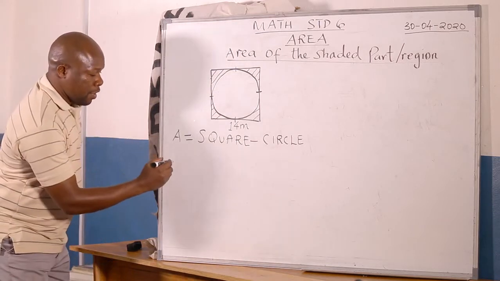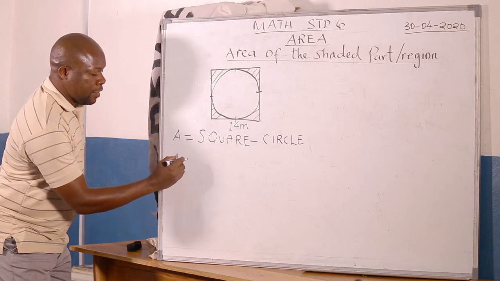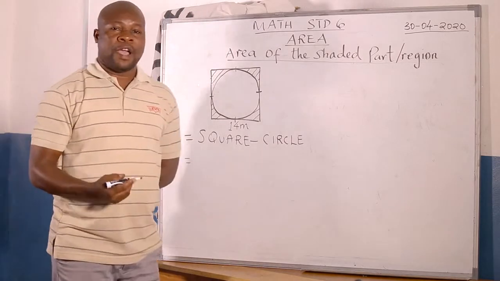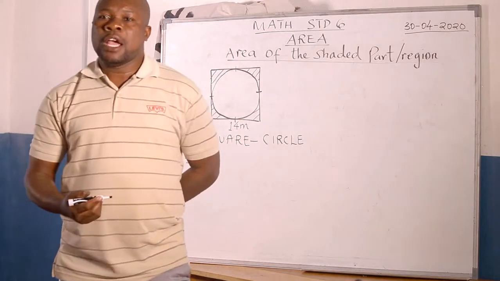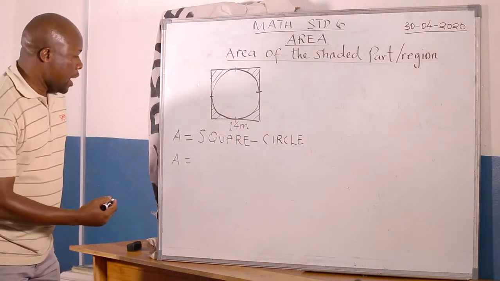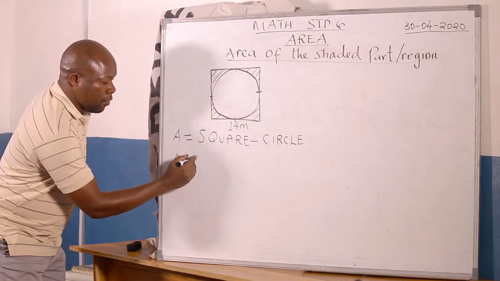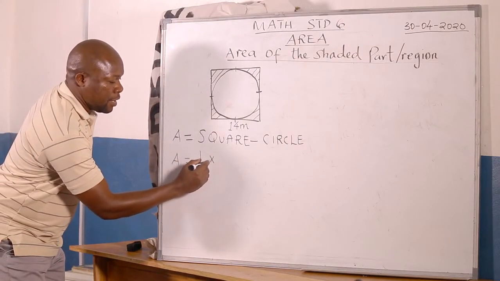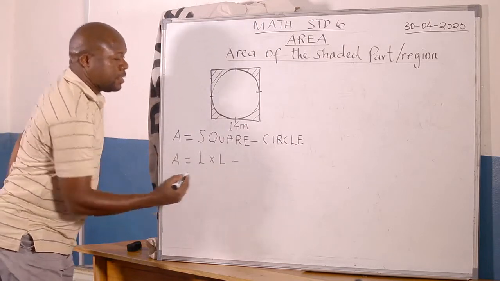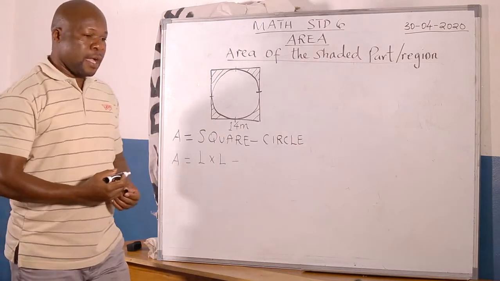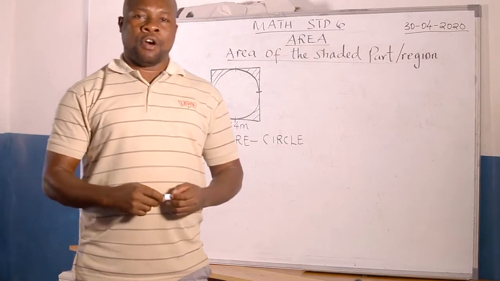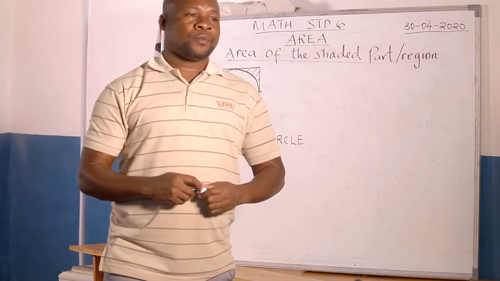Now, consider the formula of finding the area of a square. How do we find the area of a square, dear viewer? The area of a square is taken by the formula length times length, minus, dear pupil, how do you find the area of a circle?